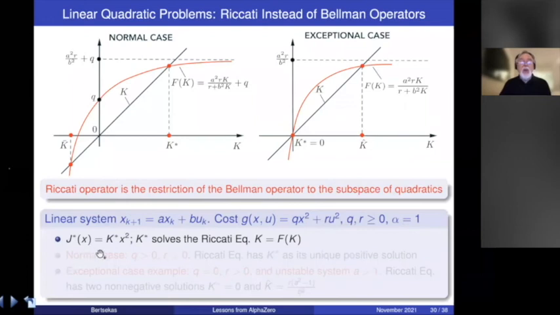It is well known that the optimal cost function is quadratic with quadratic coefficient K star, and this K star solves the Riccati equation.